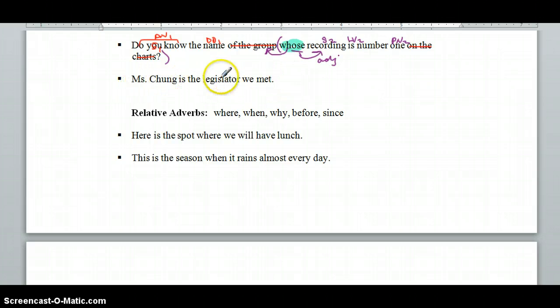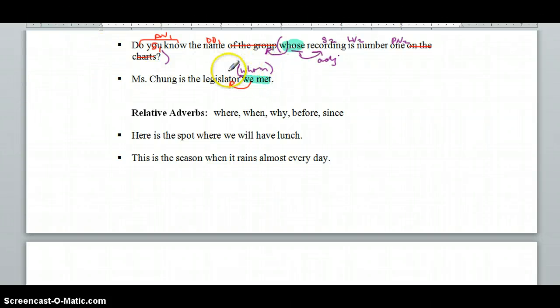Ms. Chung is the legislator whom we met. That whom is omitted. So here is my adjective clause telling me more about which legislator.